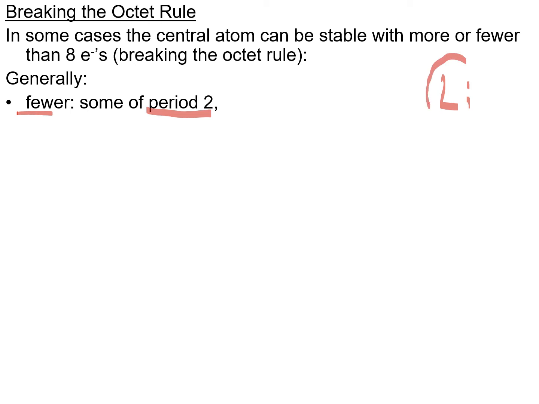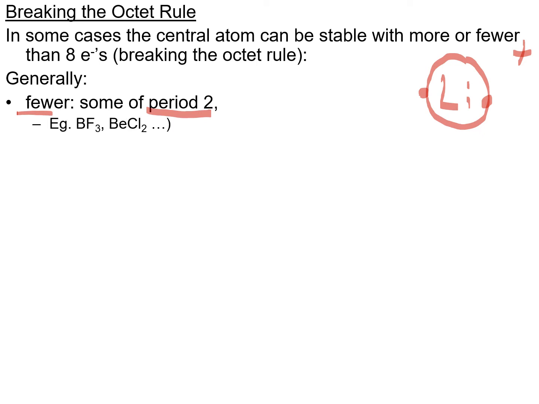So let's draw the Bohr Rutherford for it for a second. We have 2 electrons in the inner shell, and we have a 3rd electron in the outer shell. But when it forms an ion of lithium plus, we are down to 2 electrons in the outer shell. And a lithium ion is stable. That's why it forms an ion. So it is happy with fewer than 8 electrons. So we're just going to see some more instances of that octet rule being broken.